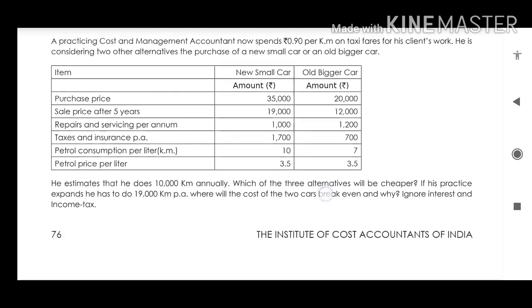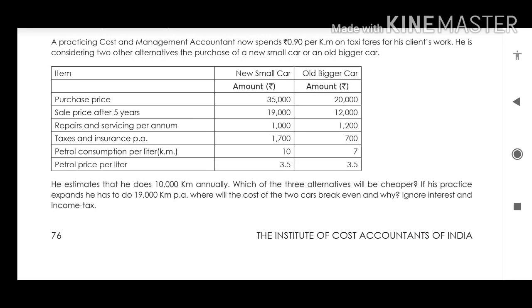He estimates that he is traveling 10,000 kilometers per annum, and they asked which of the three alternatives will be cheaper, and if his practice expands he has to do 19,000 kilometers per annum. Where will the cost of the two cars break even and why?